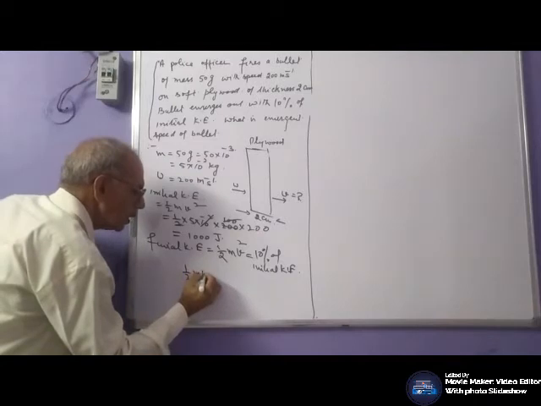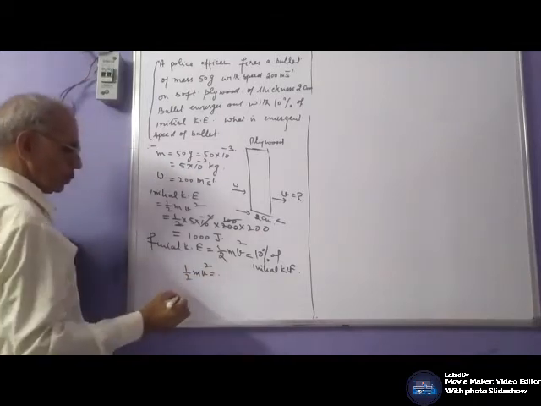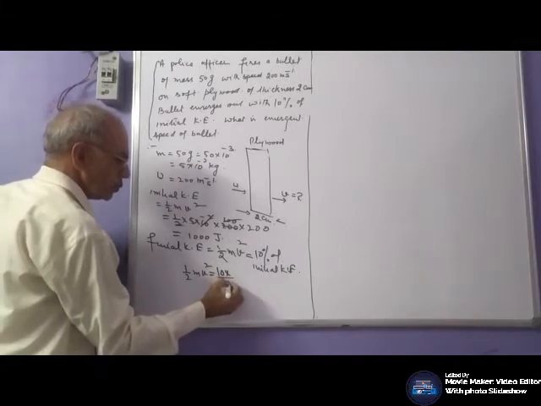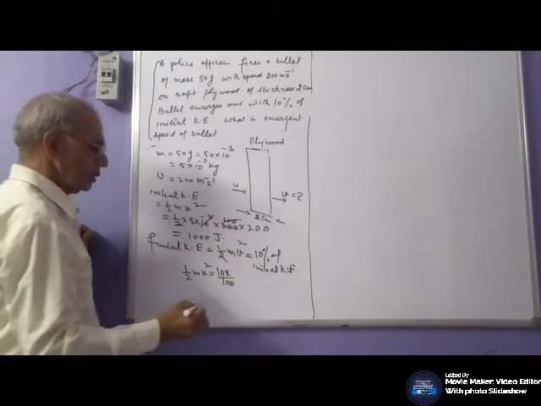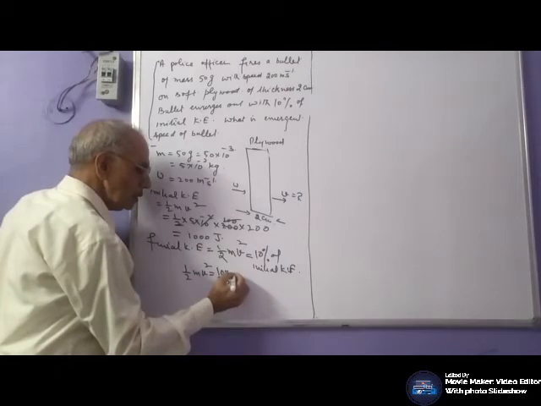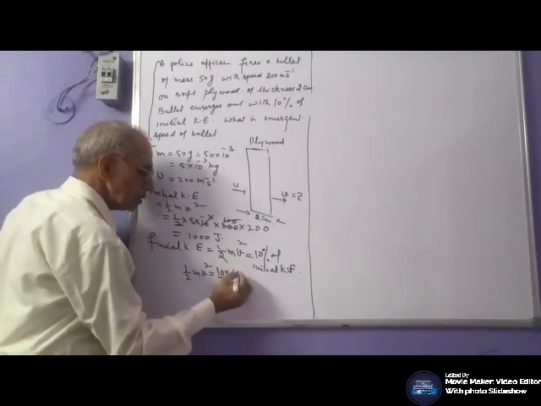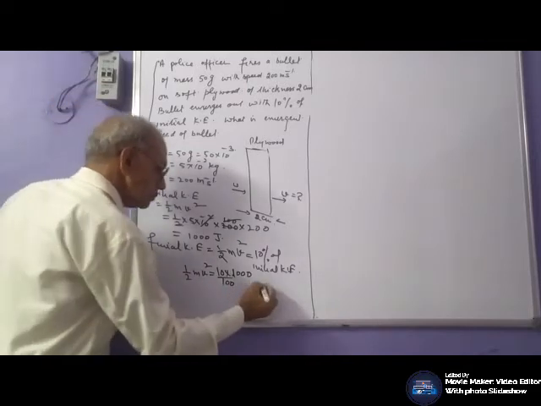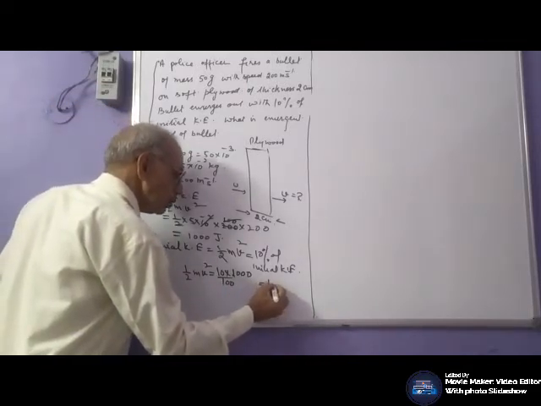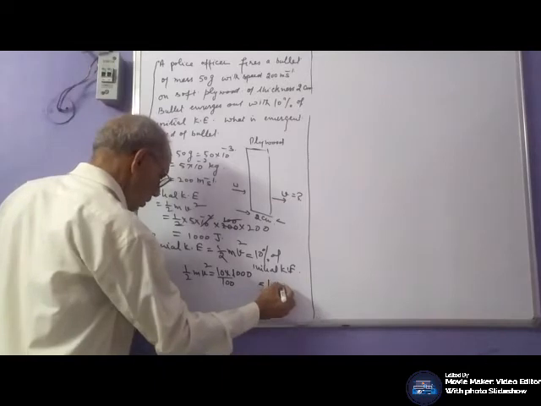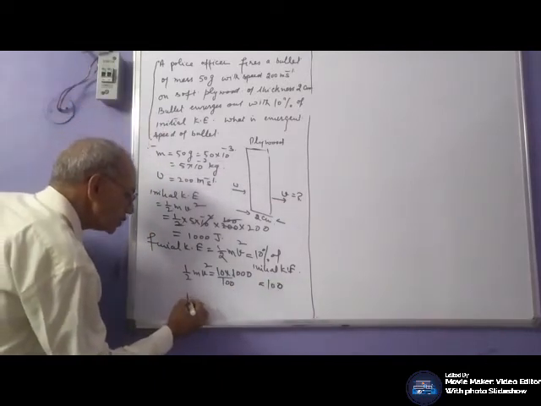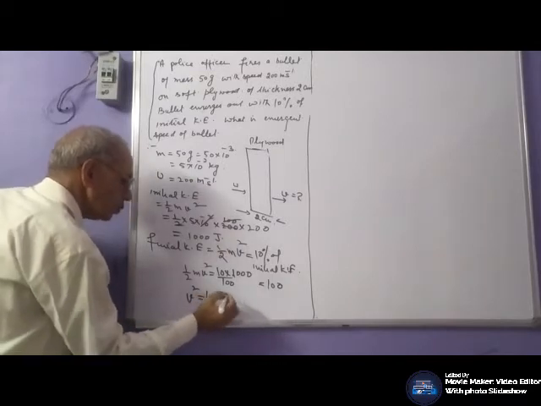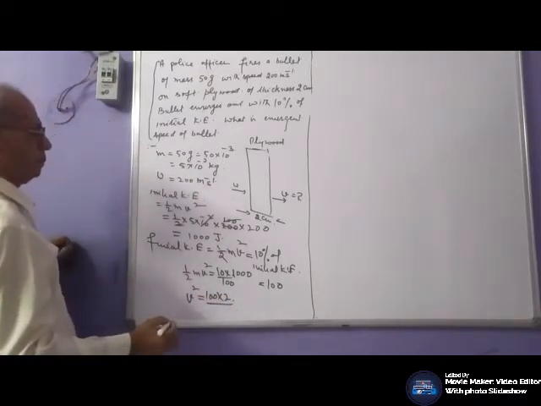So half mv square is 10% of the initial kinetic energy, and the initial kinetic energy was this. So it comes out to be what? 100 v square, 100 into 2 by m.